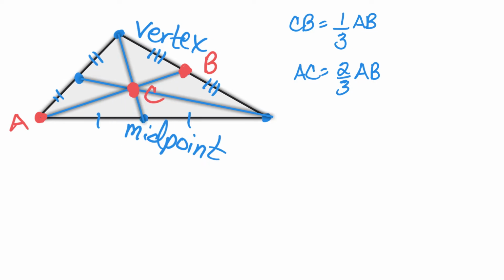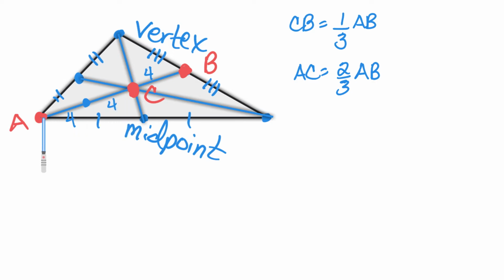Now, if I use the previous example where CB is the length of 4, and AC is twice the length, I'm going to split it up even more: this length is also 4, and this length is also 4, making AC the length of 8.